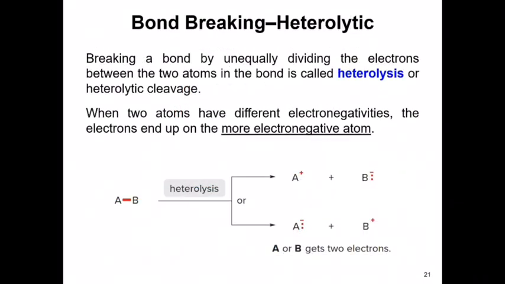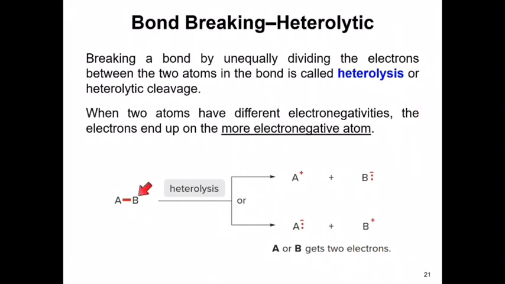The second way to break a bond is via heterolysis, which is also known as heterolytic cleavage. In heterolysis, you have two atoms that are bonded together with very different electronegativities. When you break this bond via heterolysis, both electrons will move towards the more electronegative atom. Hence, we have unequal distribution of the electrons. So here's an example.